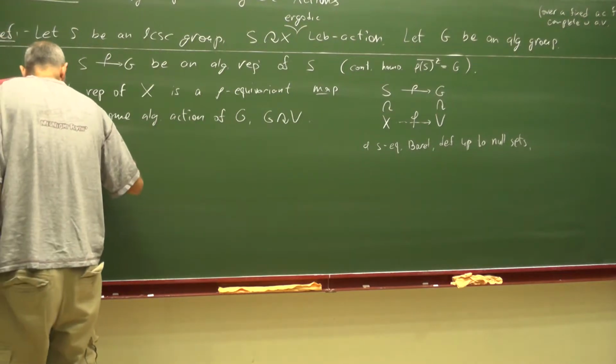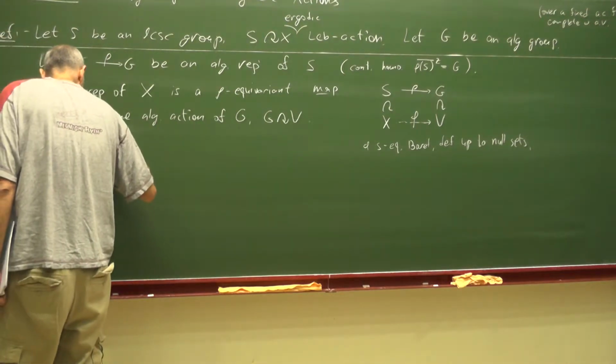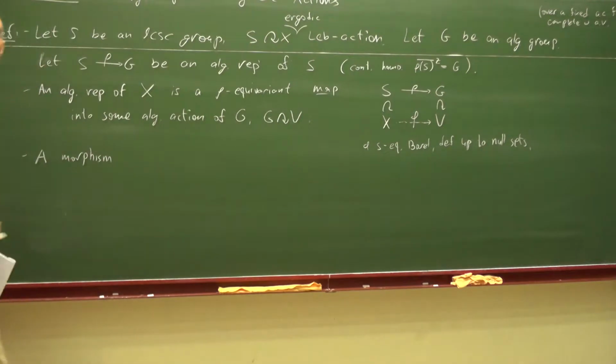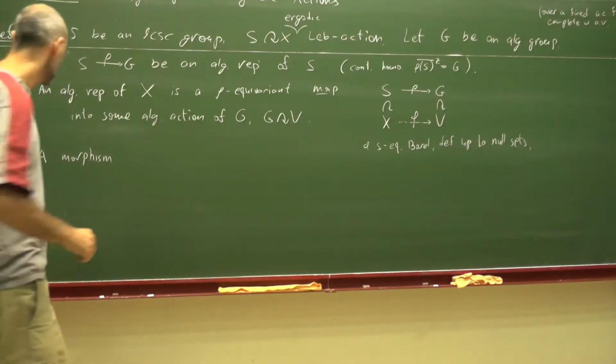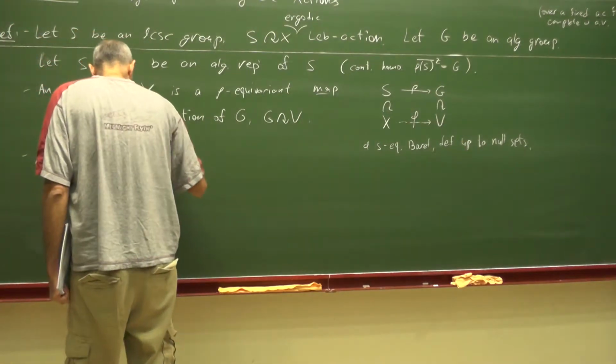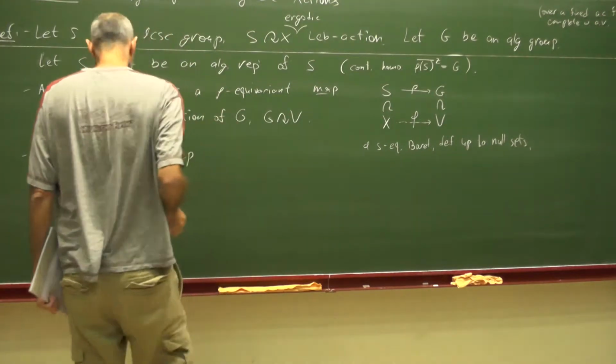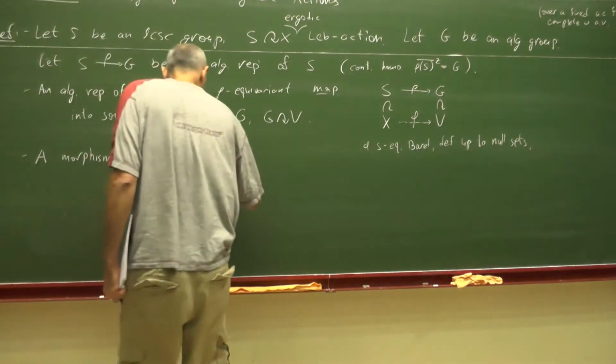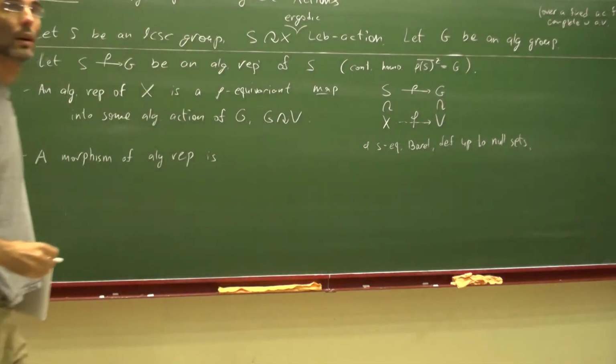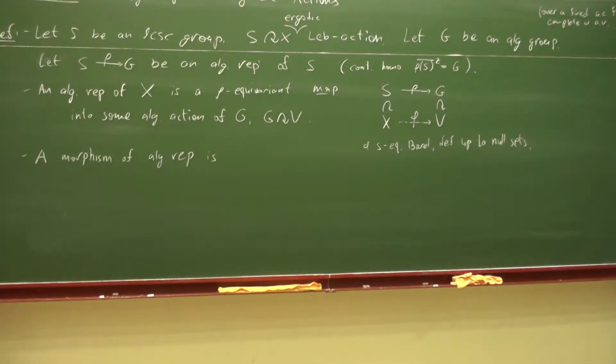Such a representation is an object, naturally, in the category of such. A morphism of algebraic representations is... And when you say S equivariant, it's just clear.